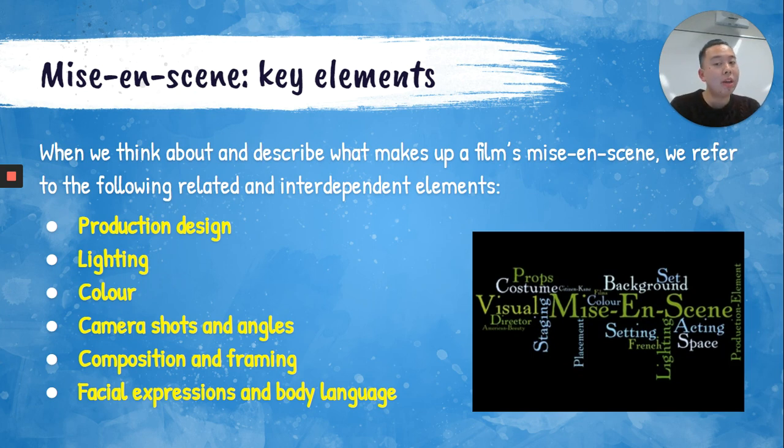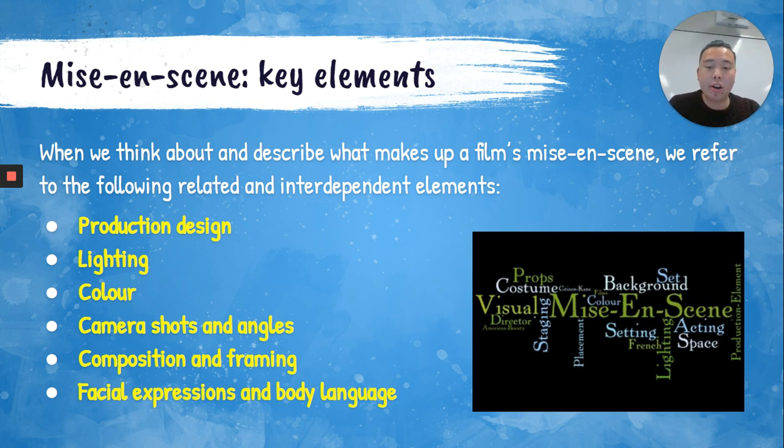Now, when we think about and describe what makes up a film's mise-en-scene, we normally refer to these 6 main categories: production design, lighting, color, camera shots and angles, composition and framing, and facial expressions and body language. Lighting, color, and camera shots or shot sizes and angles are things that you should be quite familiar with because we've covered those key film techniques in the last fortnight.